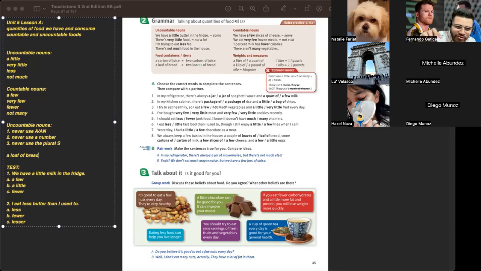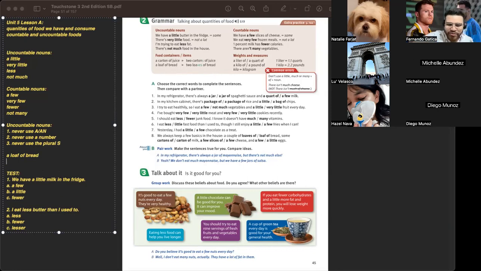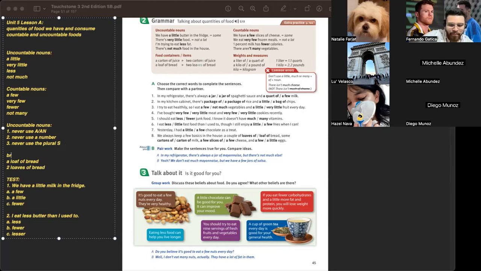What about dos pan bimbos? Two loaves of bread. And how about solo pan? How do you say pan in English? Bread. Okay. This is a clear example of how sometimes things are uncountable, but can also be countable.